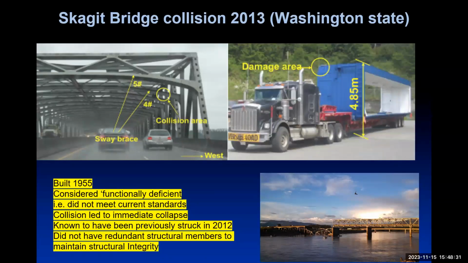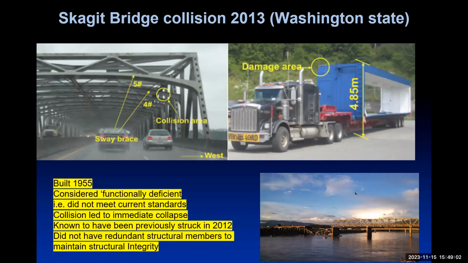In this particular case, the Skagit Bridge, which was built in 1955. Again, we're looking at the time of a change in the way that we were identifying what wind loads would be, not that that was the case in this particular case. What we had was a bridge built in 1955 and was considered functionally deficient.